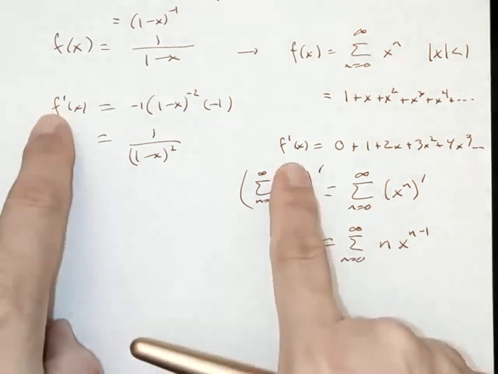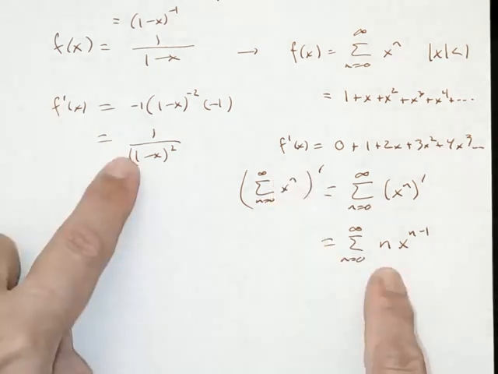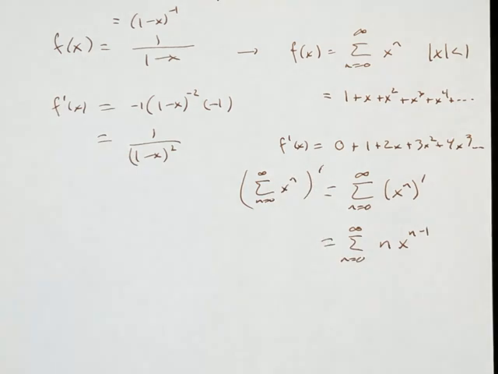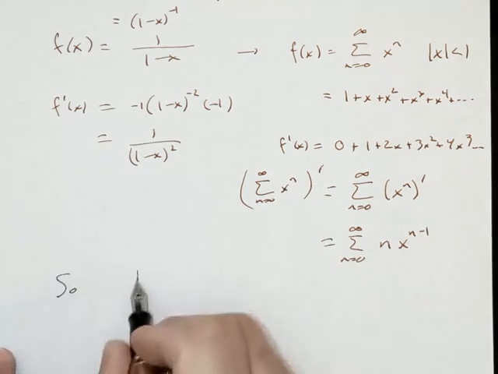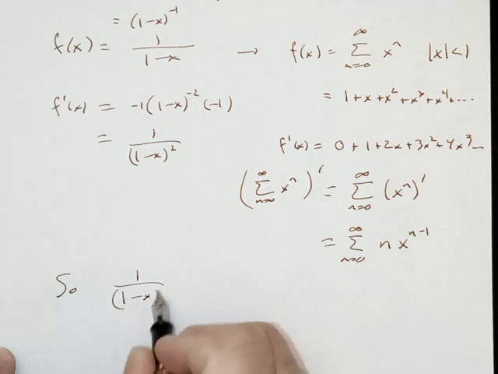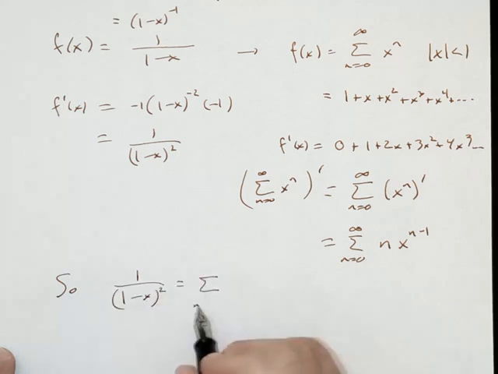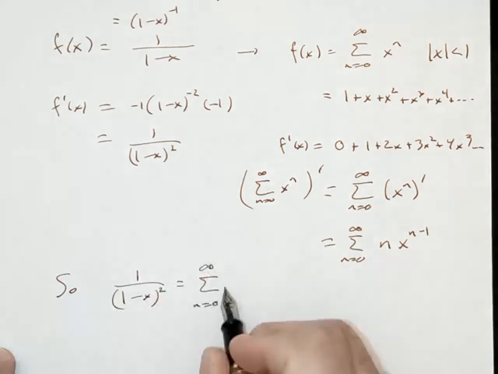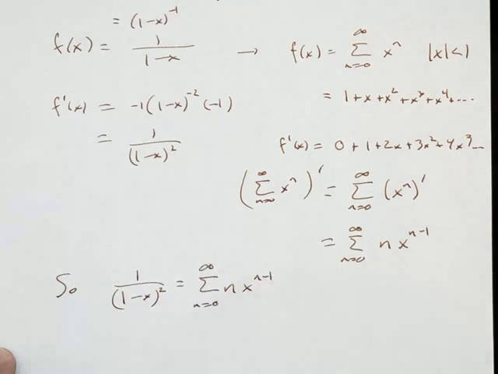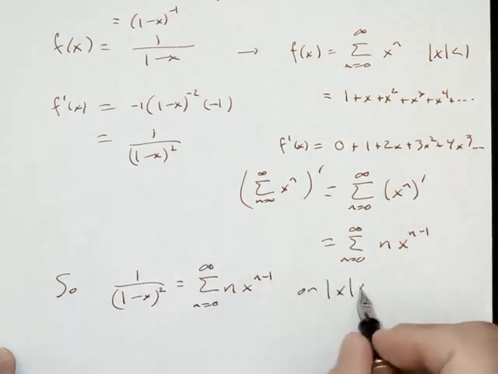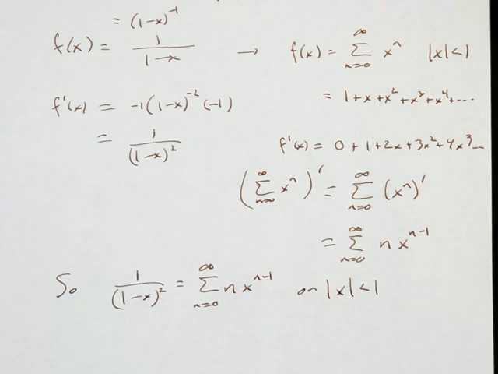Both of those are f prime. Those must be equal to one another. But only in that same interval of convergence. It only works where this series converges.